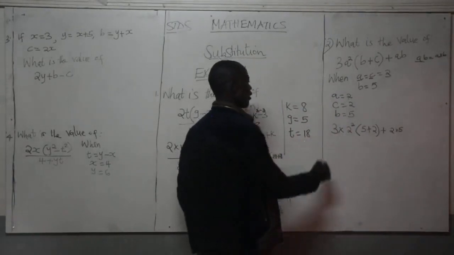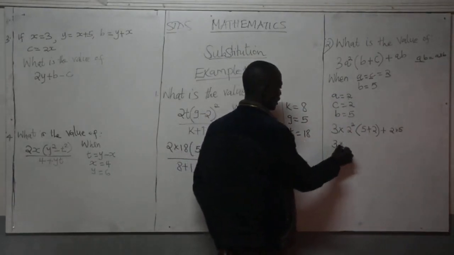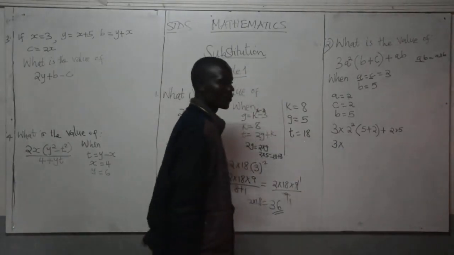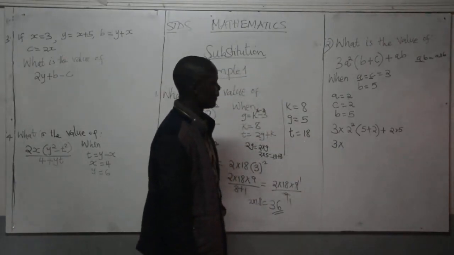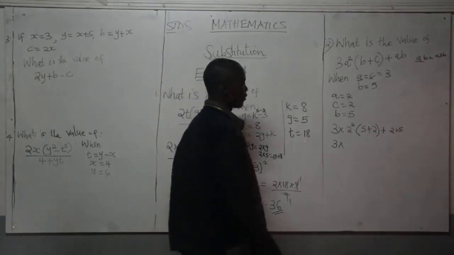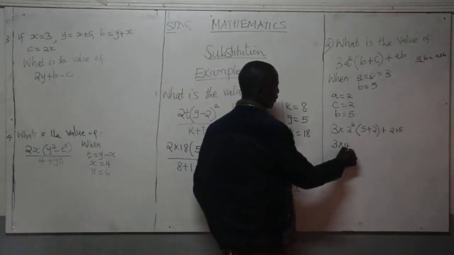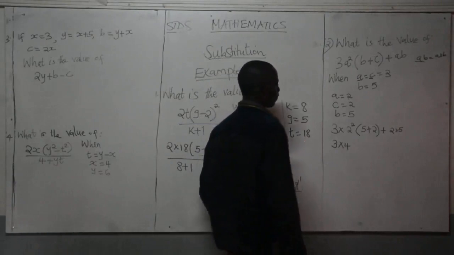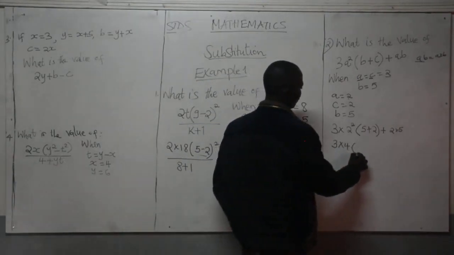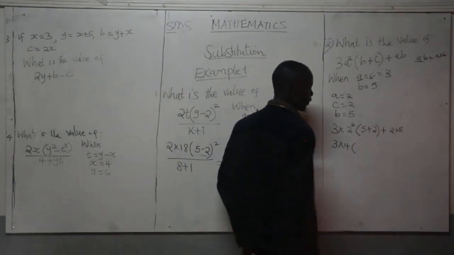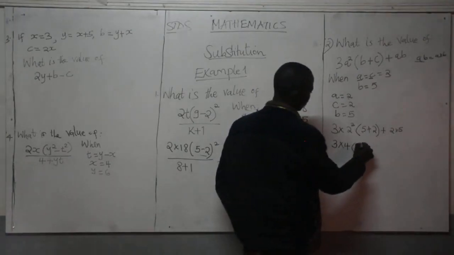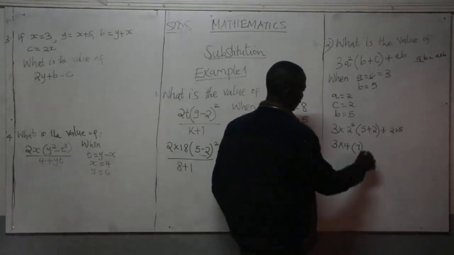Now 3 times 2 squared. 2 times 2 gives us what? 2 times 2 gives us 4. So you say times 4 into 5 plus 2 gives us 7. Close the bracket.